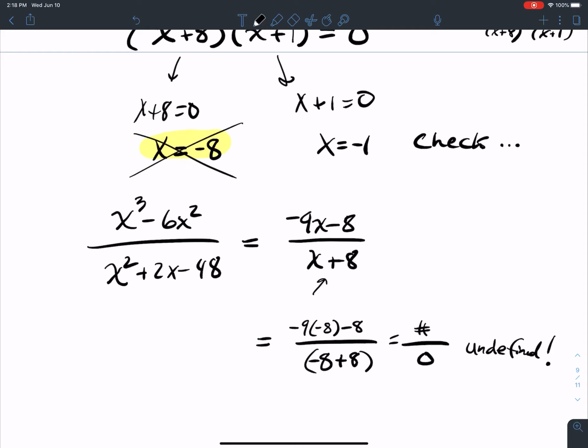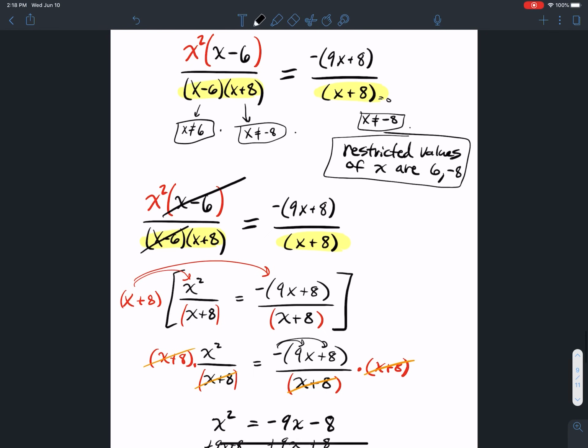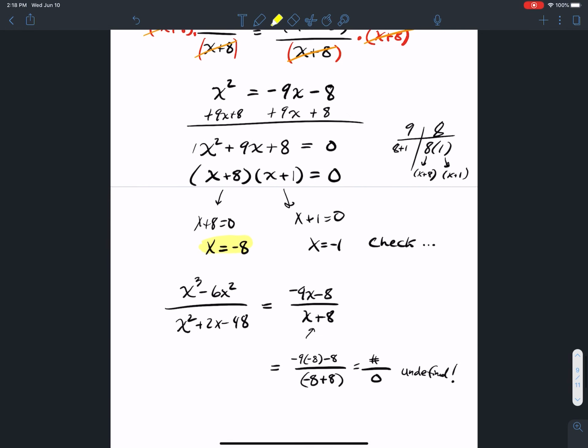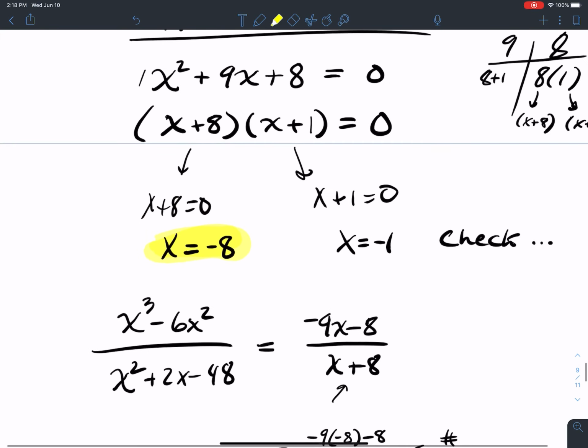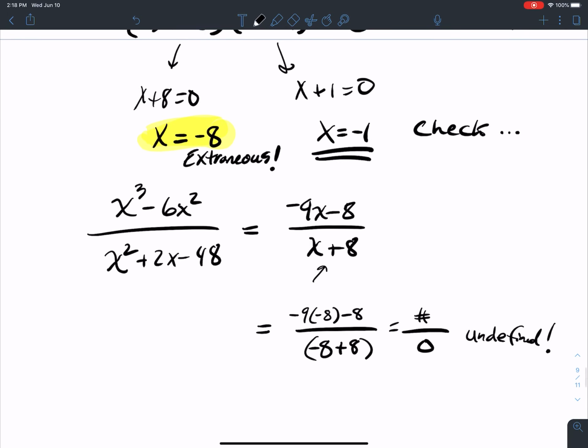And how would we have known this was not a solution without ever working through and plugging that in? Well, we're given up here that the restricted values are 6 and negative 8. So a benefit of finding those restricted values is that if you get one of those restricted values as an answer, you automatically know this is extraneous. Okay, so now really we just need to check this one.